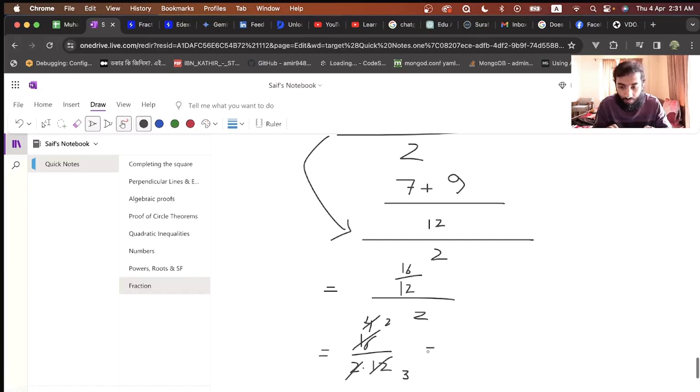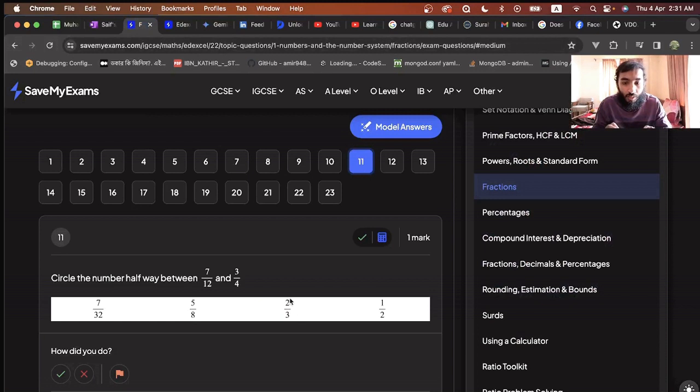After the simplification, we get 2 by 3 as the midpoint. So what is the option here? We have one option which is 2 by 3. So this is the answer. You don't have to test each option out. You can just directly get the answer and match it with the options.